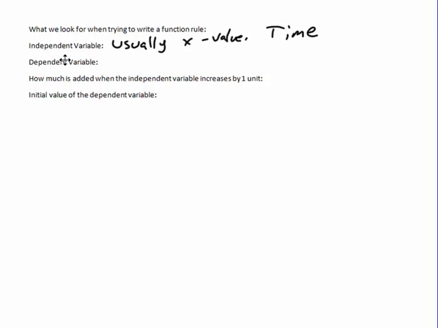And our dependent variable, again, this is usually our y value. And this is some sort of quantity, something measurable usually, like meters.